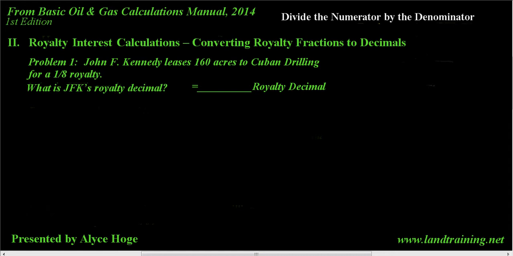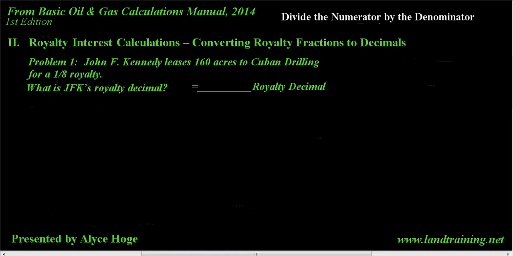And that royalty payment is inserted into a blank on the oil and gas lease as a fraction. So why do we need to convert that fraction into a decimal? Well, when it comes to paying the royalty owner, and when we're doing all of these calculations, it is more precise to use decimals than fractions.